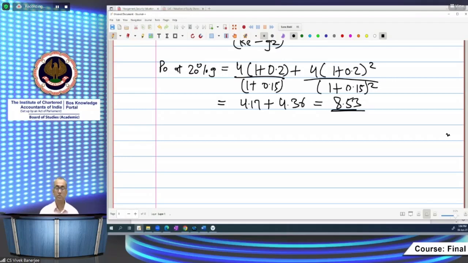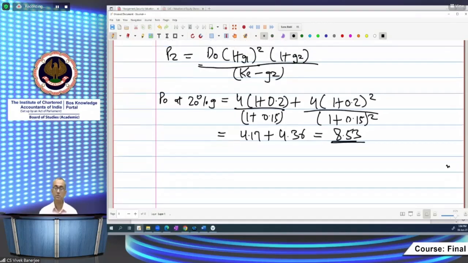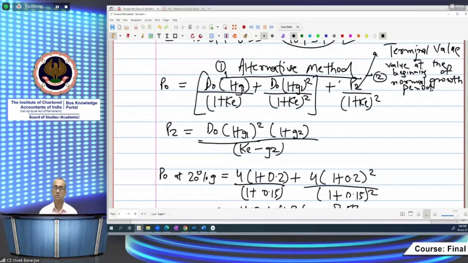Now we shall calculate the P0 at the 10% growth rate. We'll apply this formula, and calculate P2 first, by this formula only.